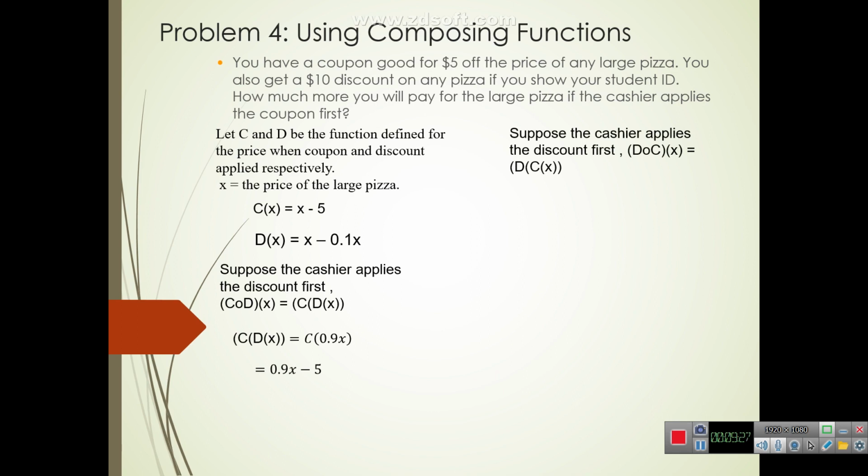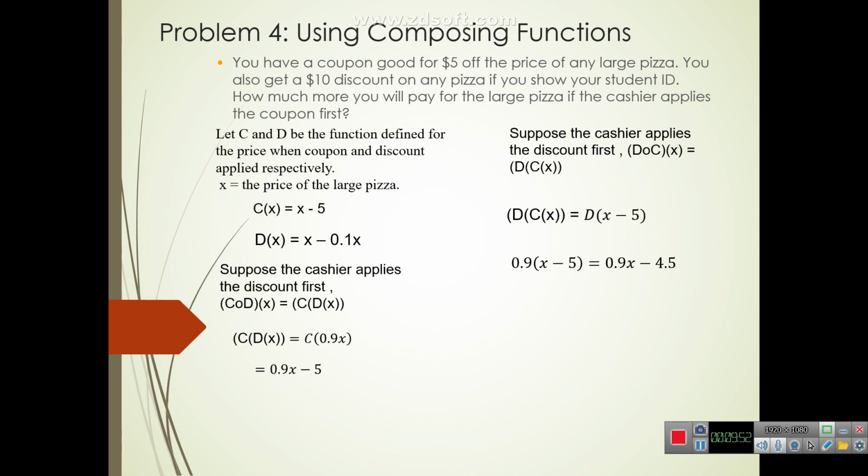Suppose the cashier applies the coupon first. In this case, it will be d of c of x. So d of c of x will be d of x minus 5. Then x minus 5 will be an input value for d. That means we'll plug x minus 5 into d of x.